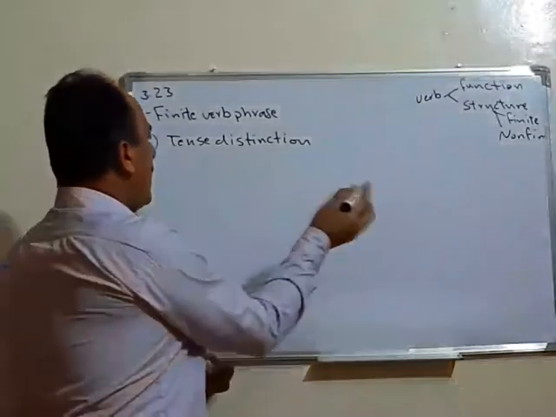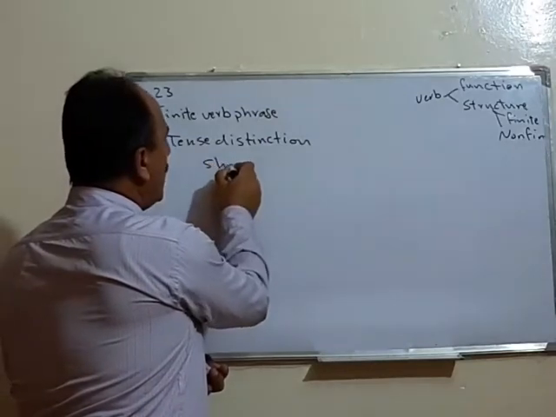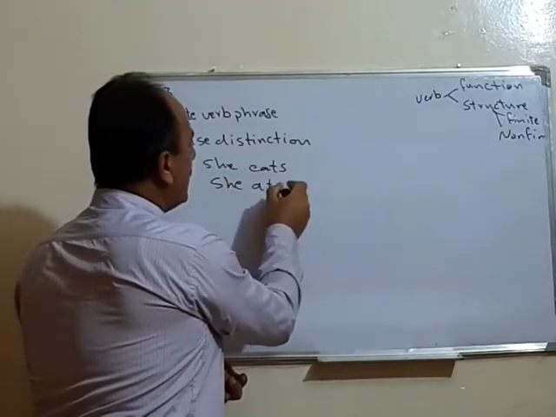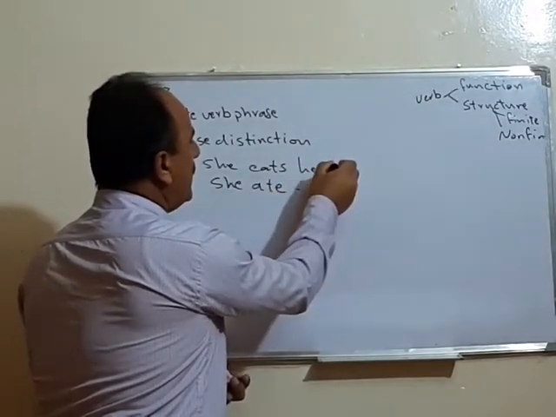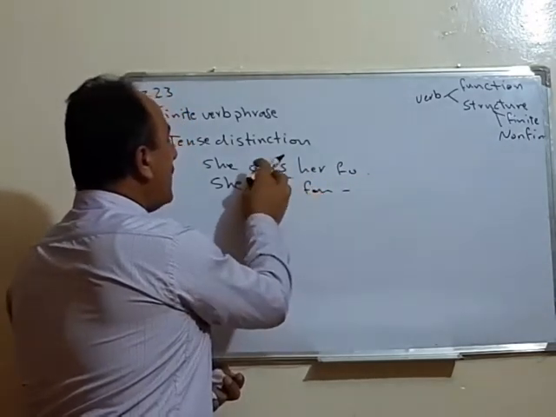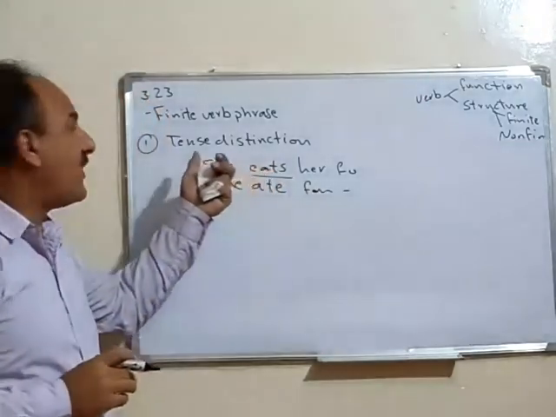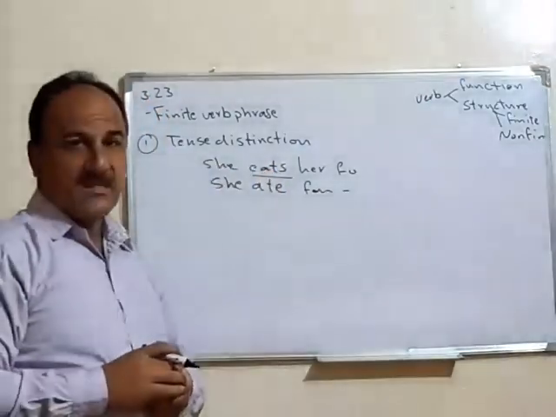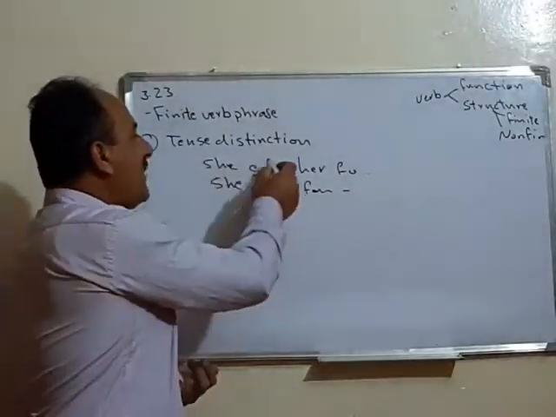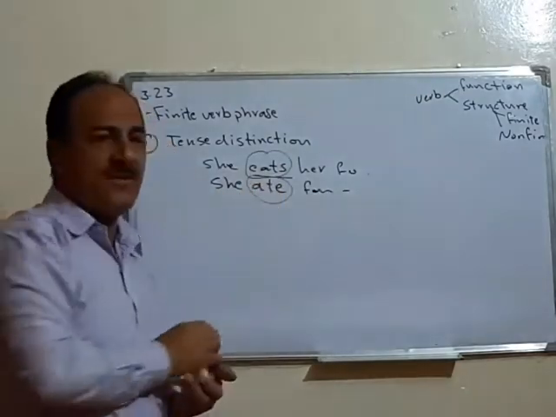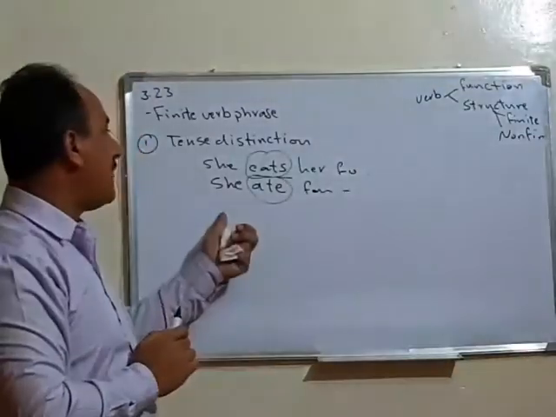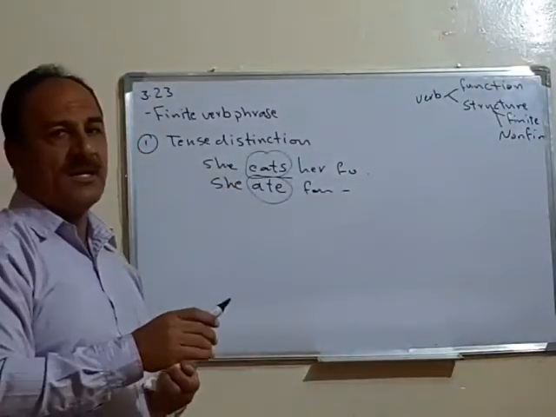For example, the difference between "she eats her food" and "she ate her food", or lunch, etc. If we can recognize that the first verb is in the present simple tense, while the second is in the past, then we can say that the verb eat in both sentences is finite. This is the first condition, what we call tense distinction.